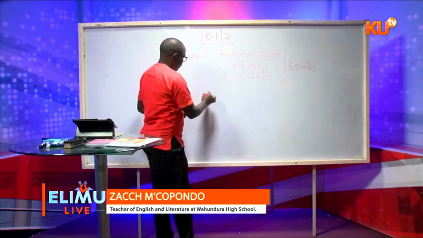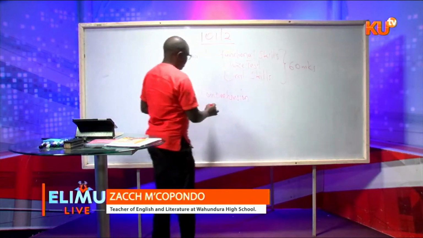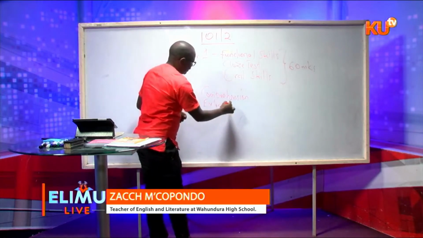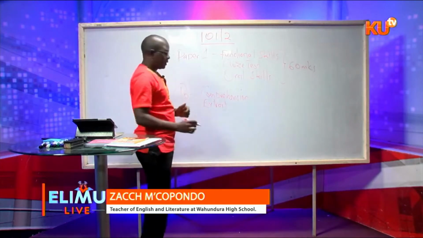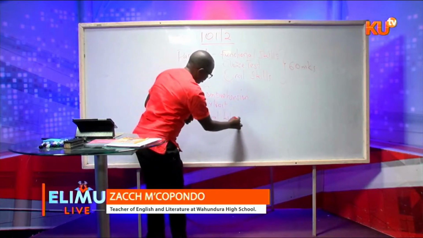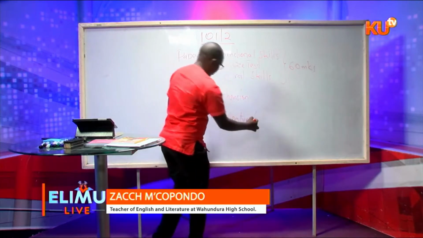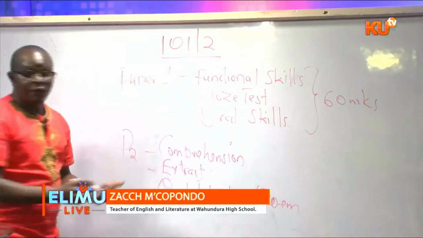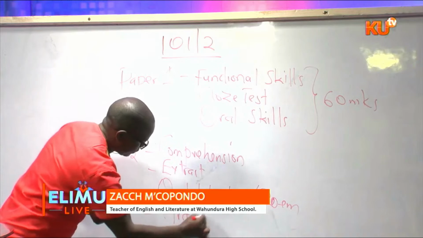We have the comprehension, then an extract from a compulsory set text, then the third question, where we have either oral literature or poem, and the fourth part is grammar.